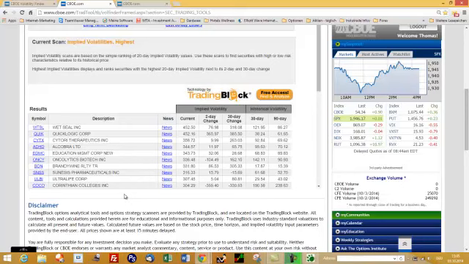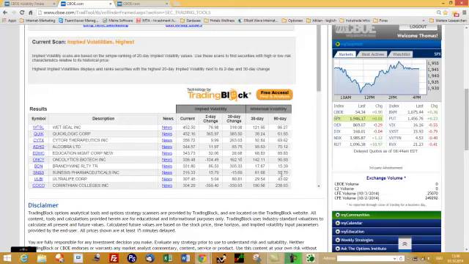The stock I found, which looks very interesting to me, is SNSS Pharmaceuticals. As you can see here in this tab, the implied volatility is currently at 360%, which is very, very high when you compare it to the historical volatility of the last 30 or even 90 days.